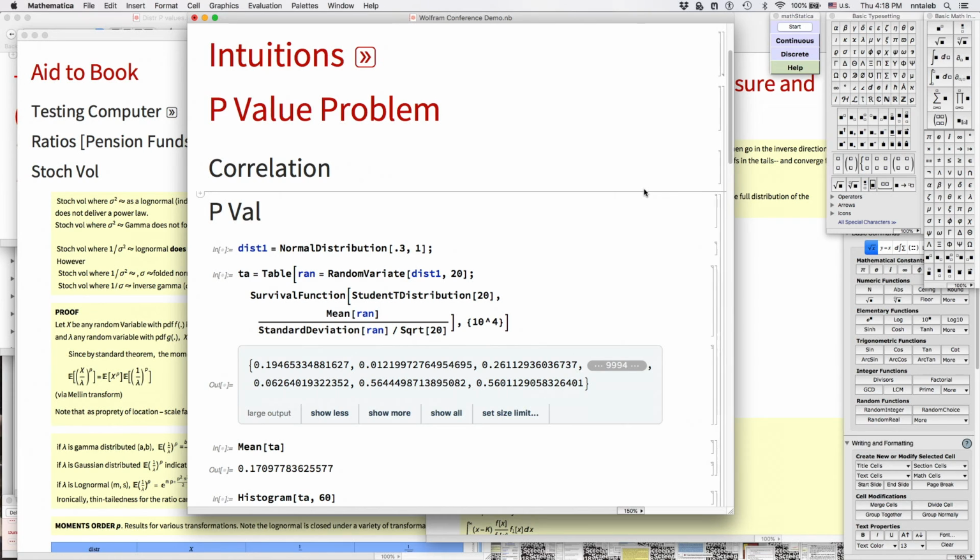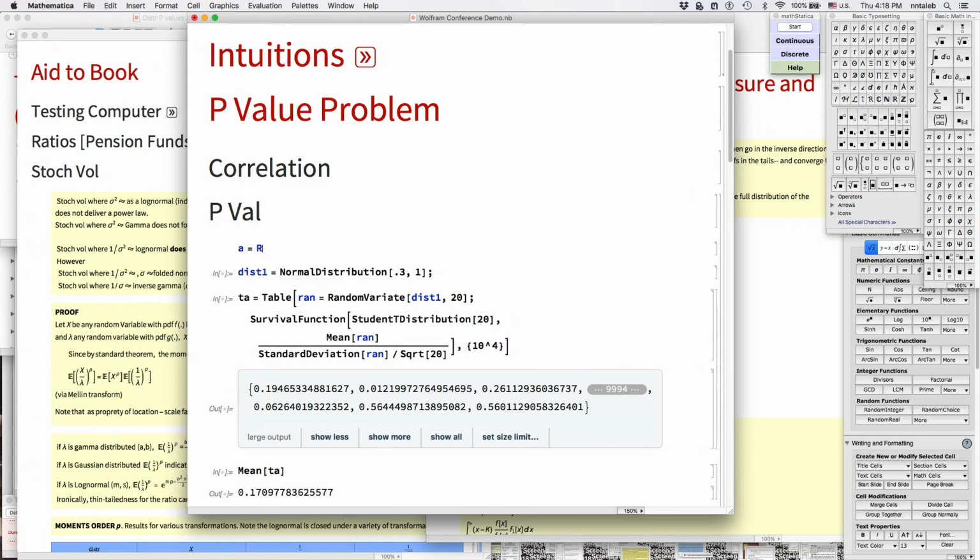So let's do A equal random variate. You pick a distribution. Someone picks a distribution? Exponential is not exciting. No. Okay, let me use the simplest.